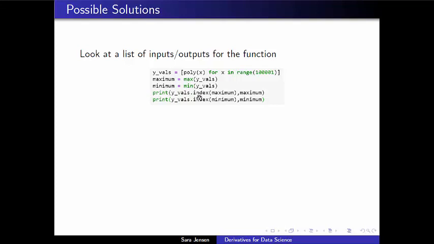And we could use the index method of a list to identify those x value inputs where we achieved that maximum and minimum value. And a computer can run something like 10,000 computations in a heartbeat, and so this line of code right here would be just as efficient as looking at that graph and coming up with an answer.